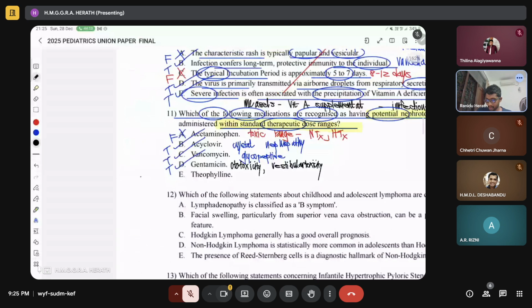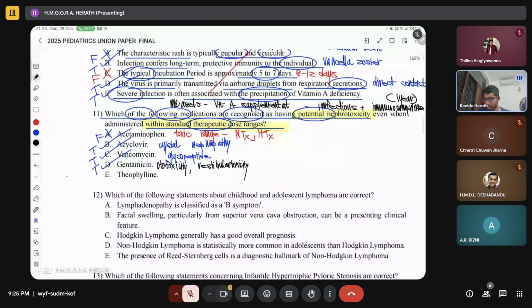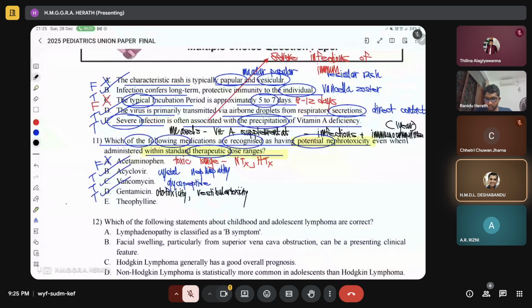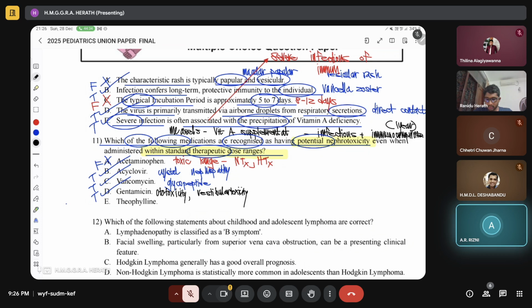Theophylline. Does theophylline cause nephrotoxicity when used within the standard therapeutic dose range? No, it doesn't. As far as I know it doesn't, we'll just check. Cardiac and CNS toxicity. Vestibular toxicity means they're likely to get vertigo and balance problems.